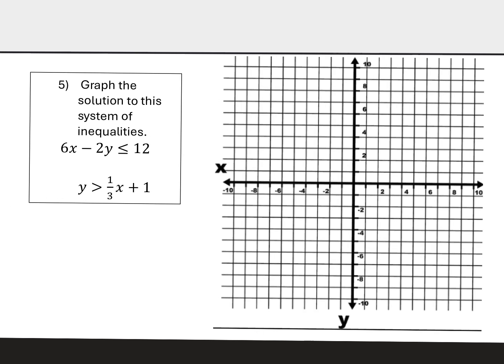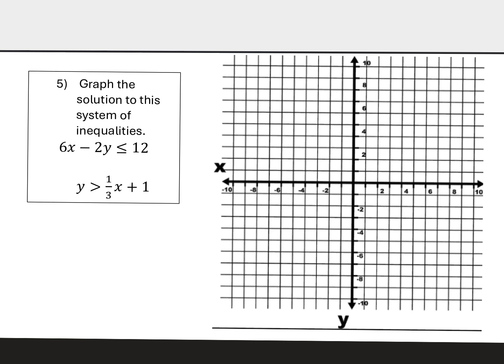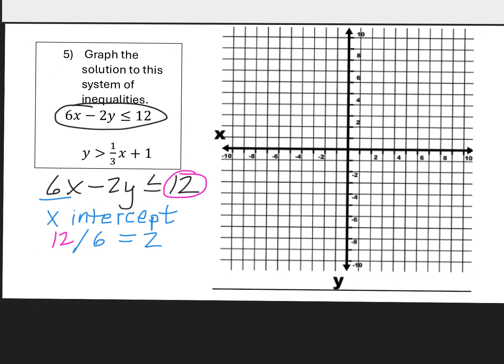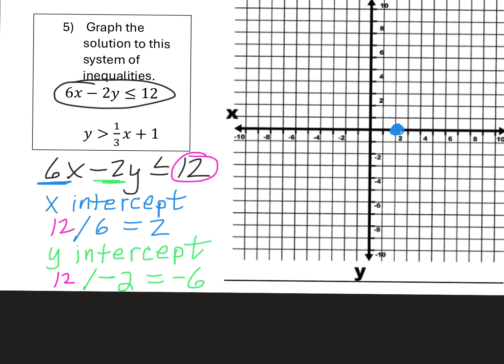For number 5, we have 2 inequalities to graph this time. So I'm going to start with this one. So just like we did before, we're going to find our x-intercept first by doing 12 divided by the number with the x. So we need a coordinate right here at 2 on our x-axis. Then we need to divide 12 by the number that is with the y, which is a -2.